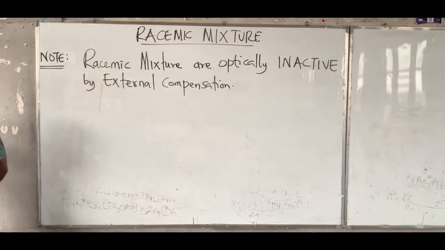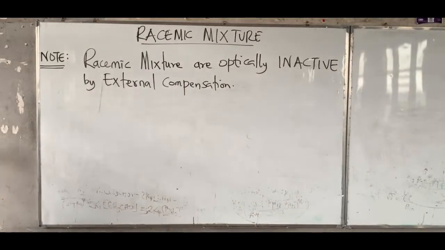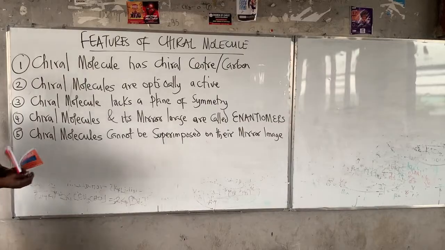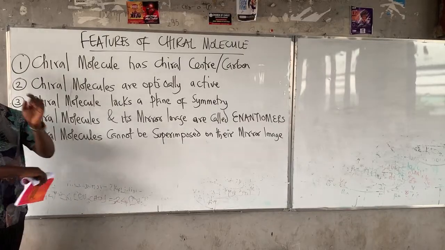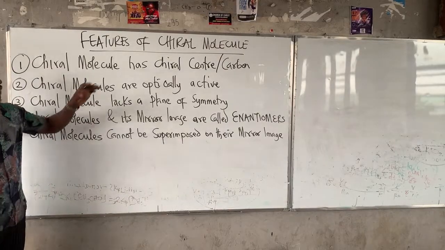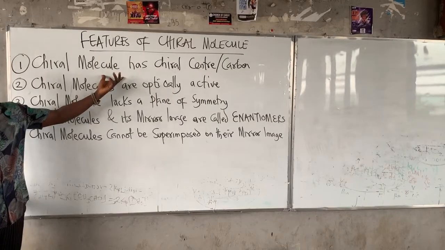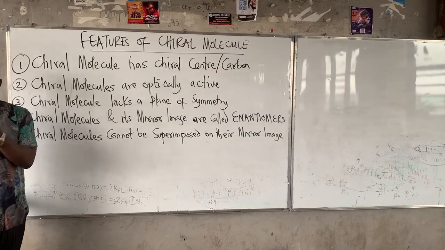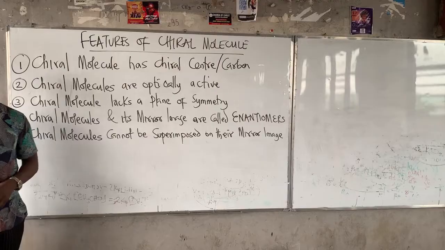They are optically inactive by external compensation. All right. Now these are features of chiral molecules. Now, why did I have to give all these features? It's very, very important, just in case the exams ask us.